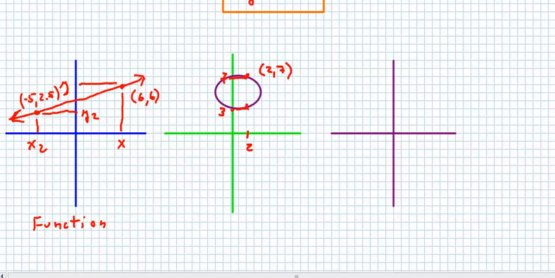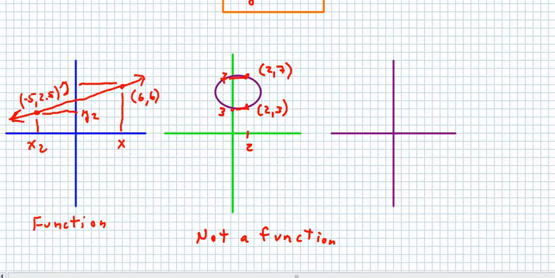This is the ordered pair 2, 3. So if I said, when x is 2, what is y? You'd say, I don't know. It could be 3 or it could be 7. I've got a couple of choices. This is not a function. Not a function. Because when x is 2, there's more than one option for y.